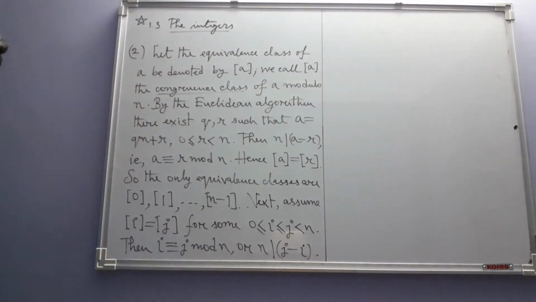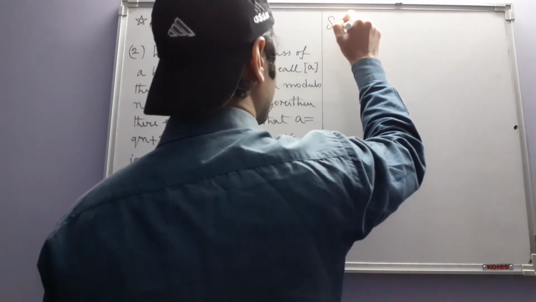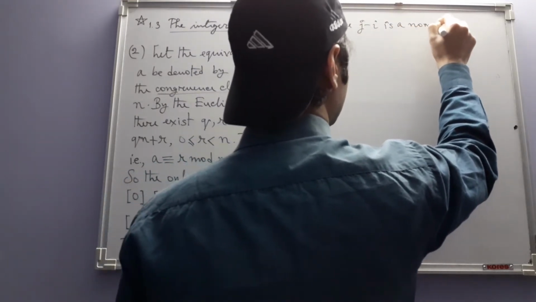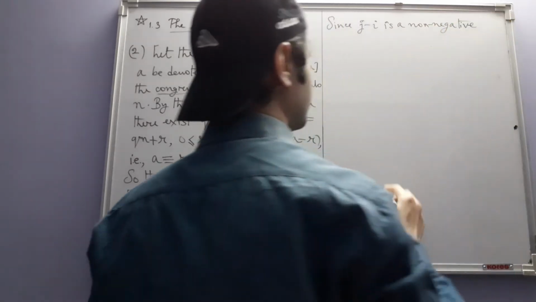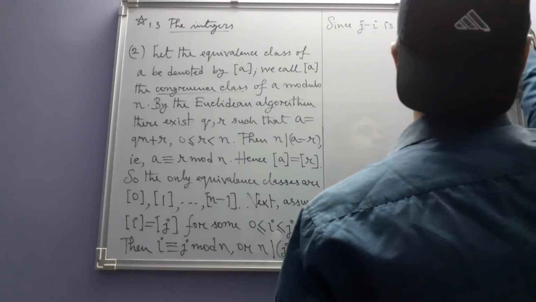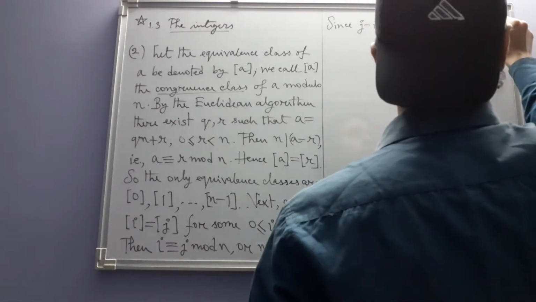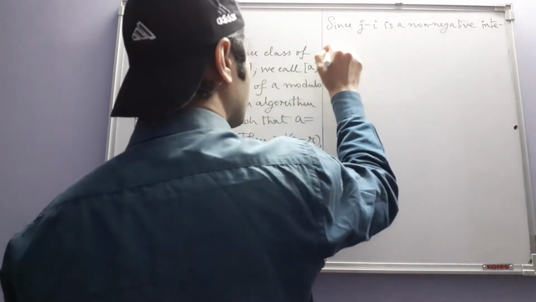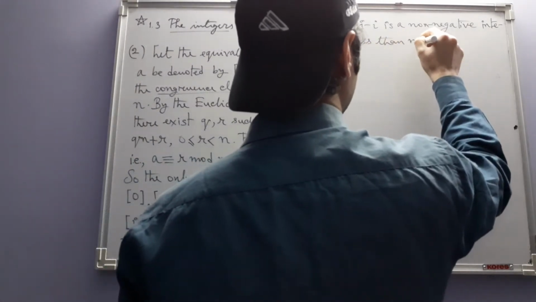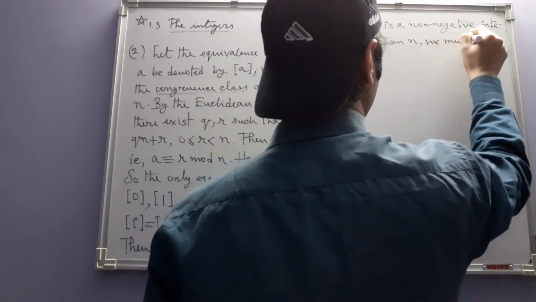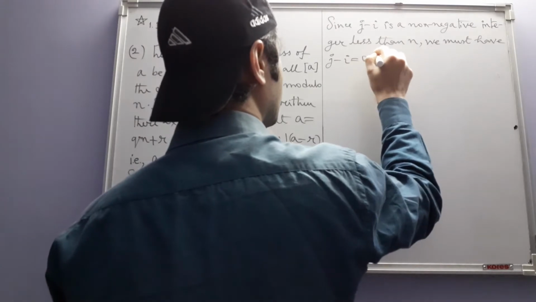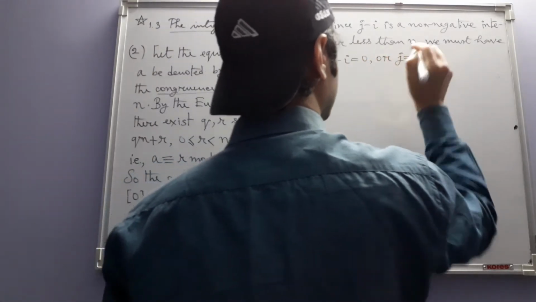Now n divides j minus i, and since j minus i is a non-negative integer less than n, we must have j minus i equal to 0, or j is equal to i.